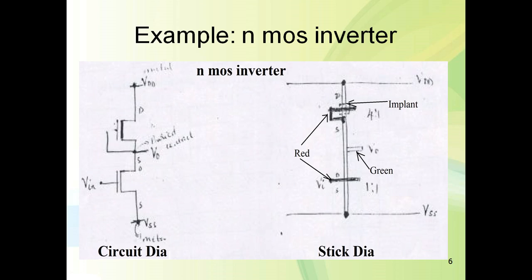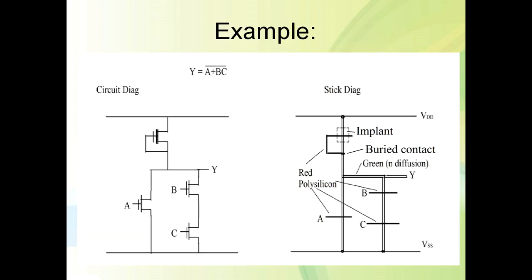Now we will go towards one more example, that is we want to implement Y is equal to (A plus BC) total complement. Now whenever you want to implement this equation by using NMOS technology, NMOS technology is inverting, so you will directly get the negation.